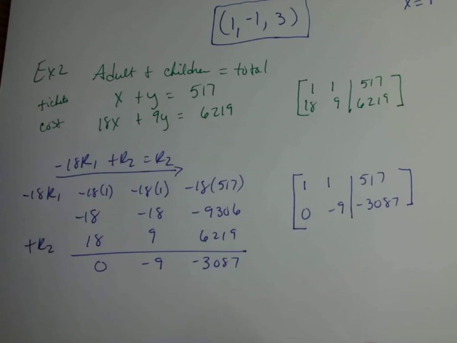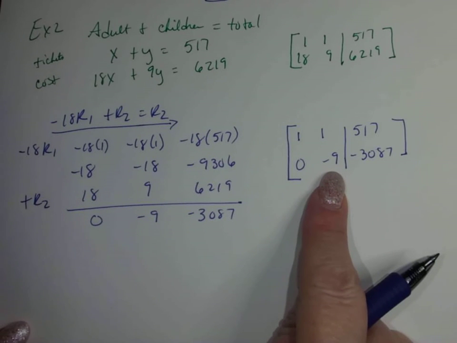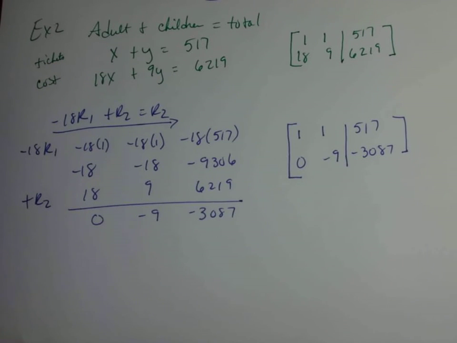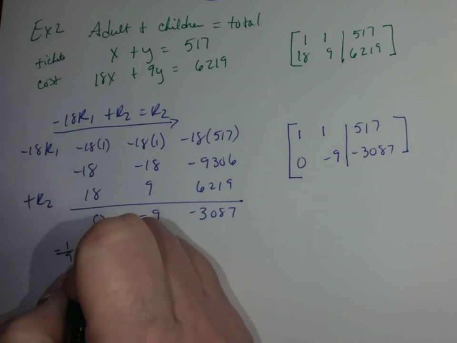And row 2 is now 0, negative 9, negative 3,087. So now we need negative 9 to become a 1. So how do we get negative 9 to be a 1? Well, we can just divide by negative 9. But we don't divide, we have to multiply by 1 over the negative 9, or negative 1/9. So we'll have negative 1/9 times row 2.